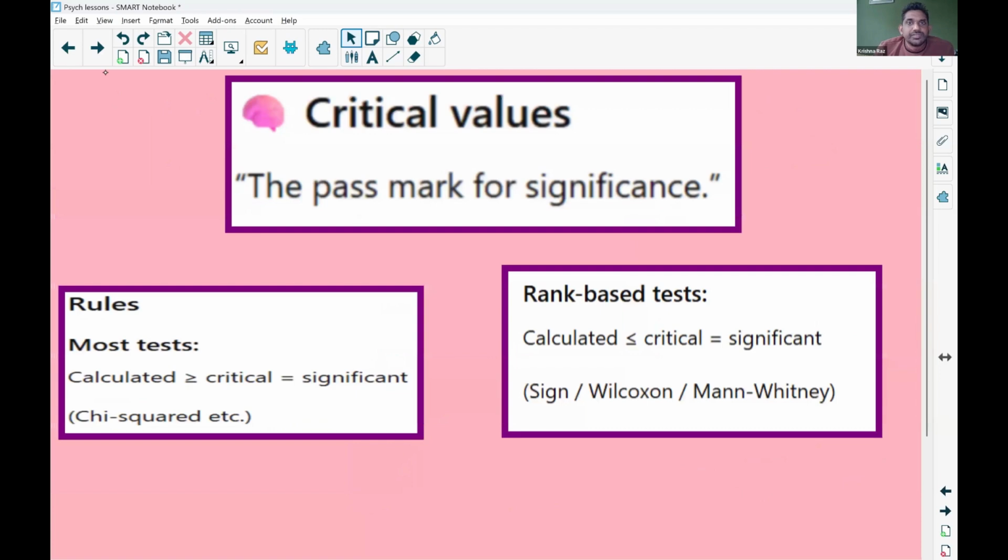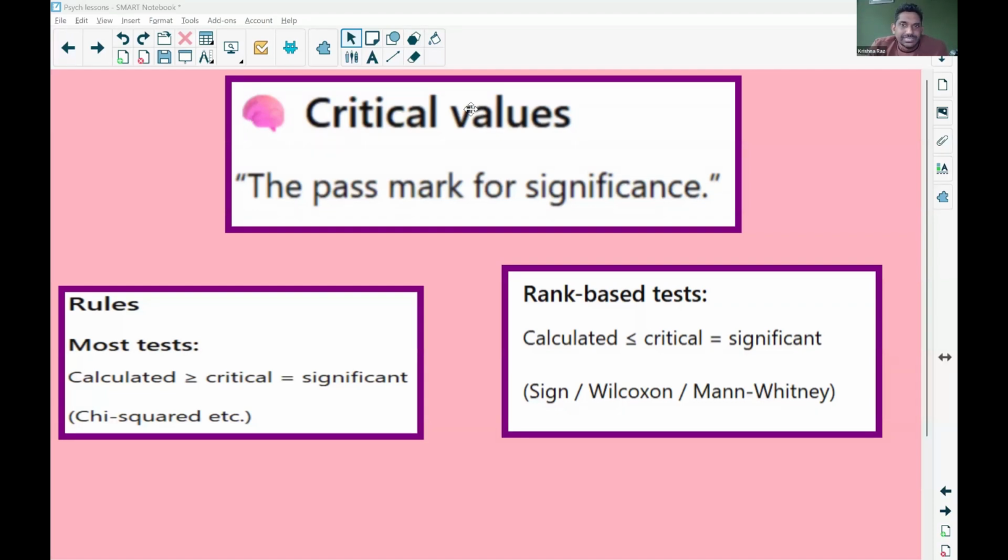So essentially, critical values is the pass mark for significance. So rule of thumb for most tests calculated. So for chi-squared, whatever you find has to be greater than the critical value for it to be significant. Yeah, significant means you can accept your alternate hypothesis, what you're trying to state, which is against the norm.